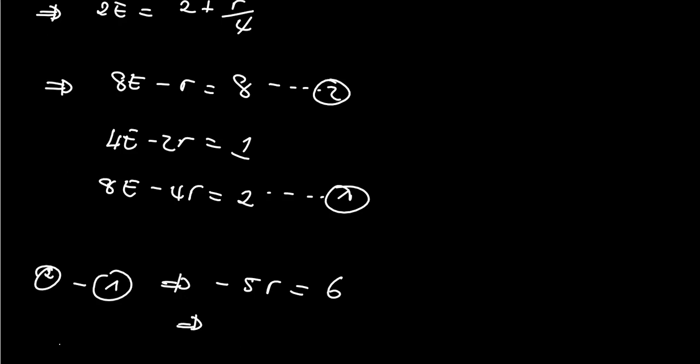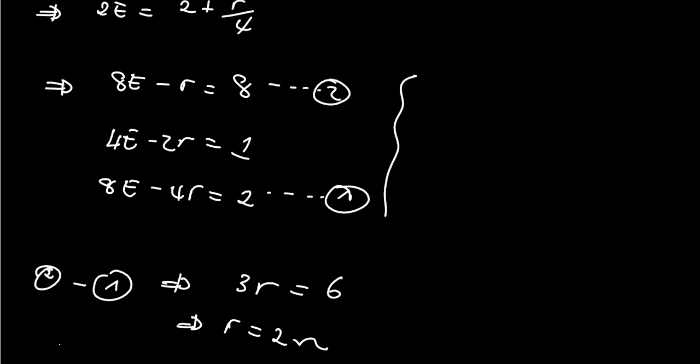Negative R minus minus 4R will give me positive 3R, and 8 minus 2 gives 6. So it means R is equal to 2 ohms. So that's the value of the internal resistance.